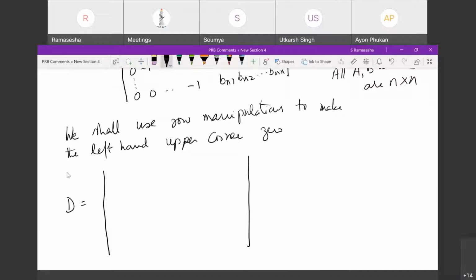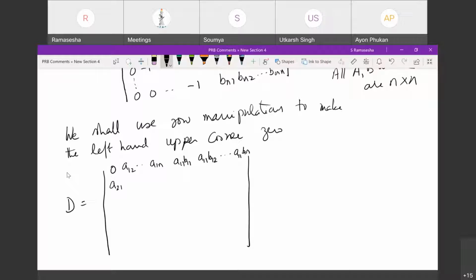So I'll get 0, A12, ..., A1n, and then A11 B11 will be the first element, A11 B12 will be the second element, and A11 B1n will be the third element, and these will remain as such.